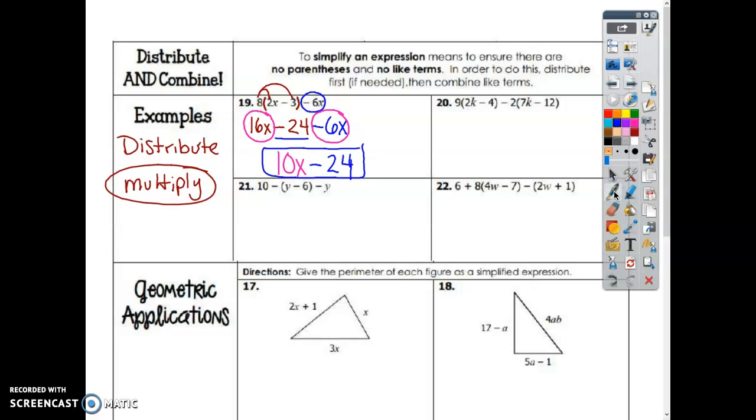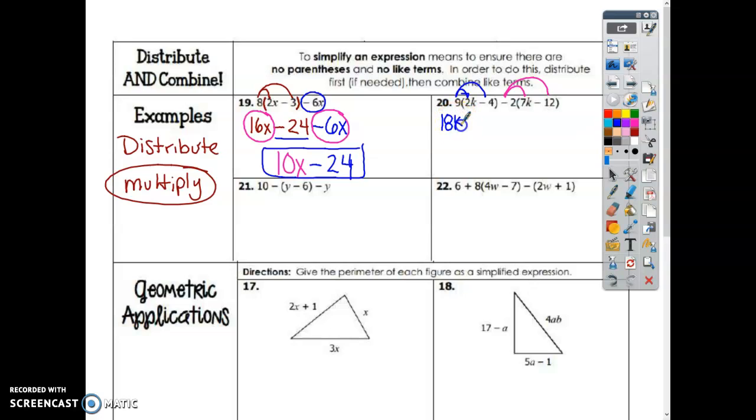I'm going to distribute for you. You are going to combine. So number 20, I'm going to distribute 9 here and here. And I'm going to distribute negative 2 here and here. 9 times 2, 18K.